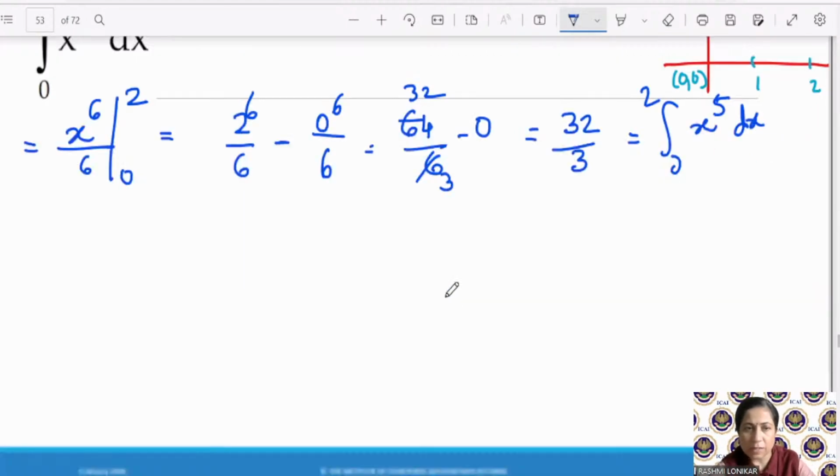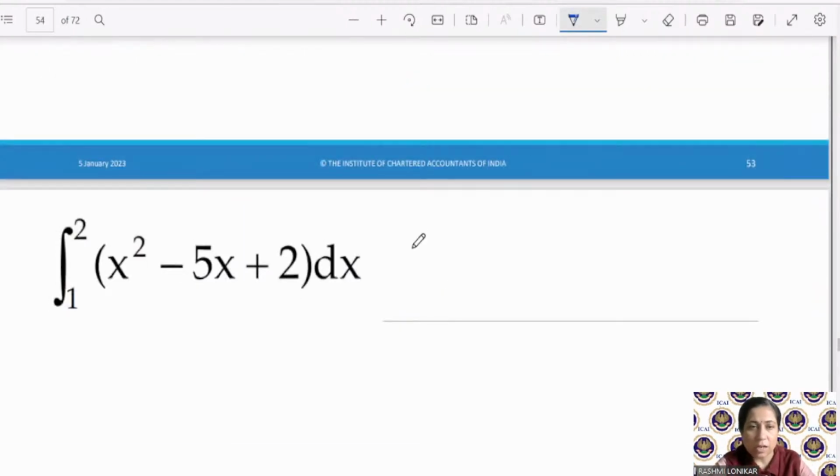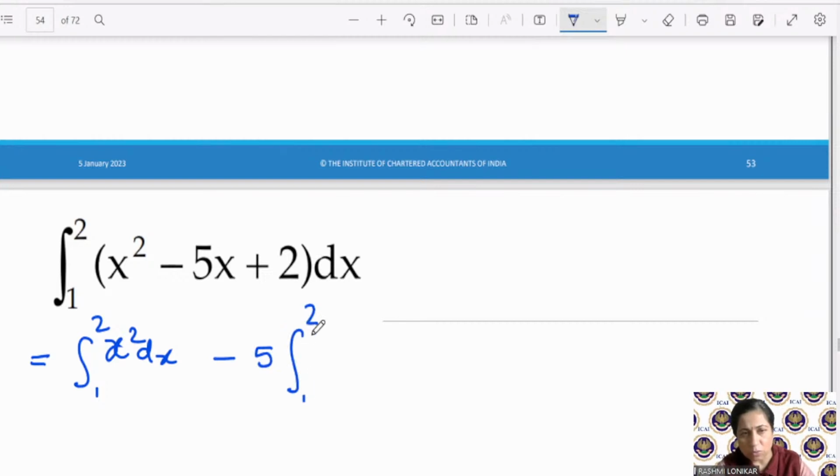Now let us take the next sum: integral 1 to 2 of x square minus 5x plus 2. Using the addition and subtraction rule, this is equal to integral 1 to 2 of x square dx minus 5 integral 1 to 2 of x dx plus 2 integral 1 to 2 of dx.